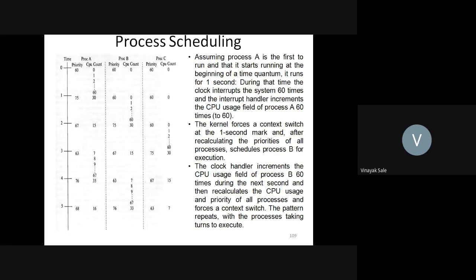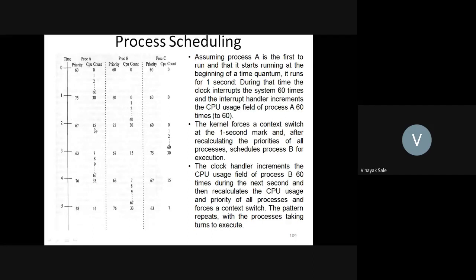See here in this figure, first a time is given, 60. After that, the CPU decay, divided by 2, is 30. Then after execution, the process divides the CPU decay 30 by 2, that is 15.